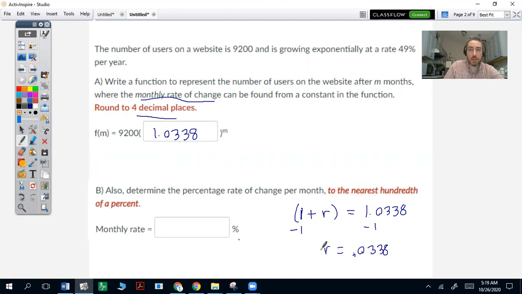Now, if we want this in a percent, I'll have to convert that to a percent by multiplying by 100. So that's going to be 3.38%. So I'm going to write 3.38 in that box there. So 1.0338 to the m power, where m is in months, and then the percent would be 3.38%.